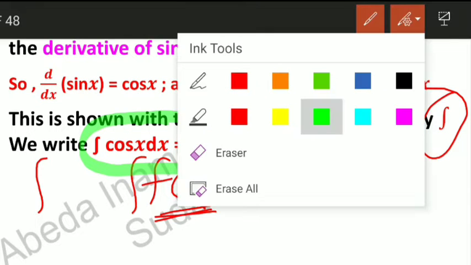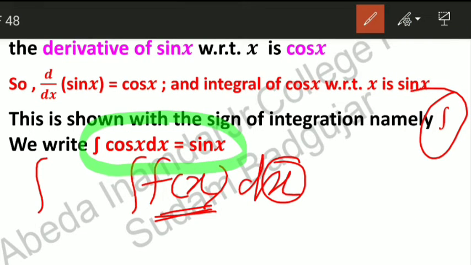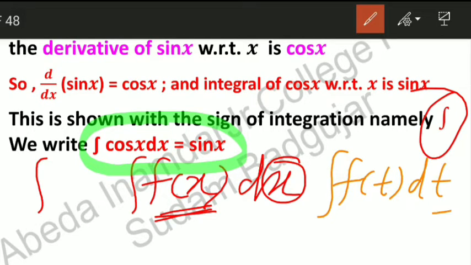Integration of cos x dx is sin x. Suppose the integration of f of t into dt. Here t is the variable, so you have to integrate this function with respect to t.